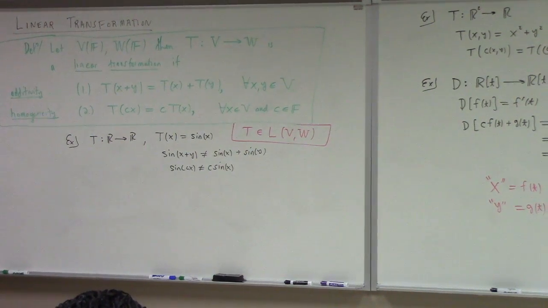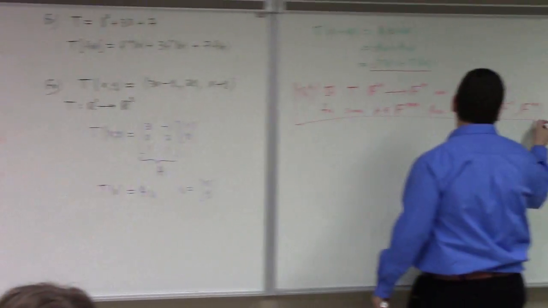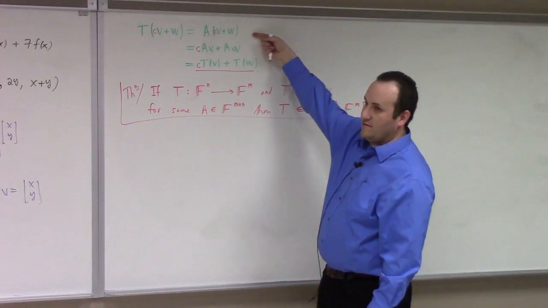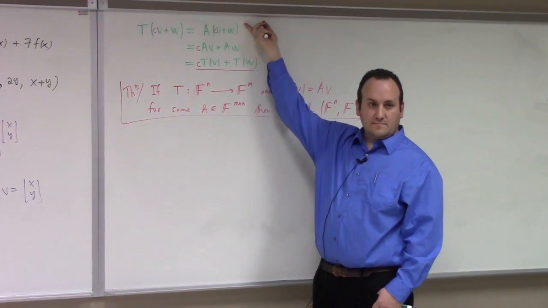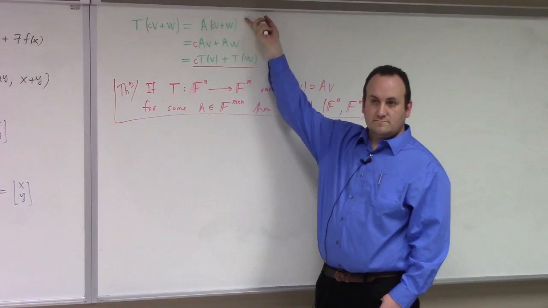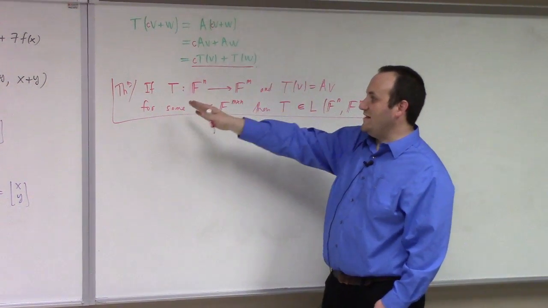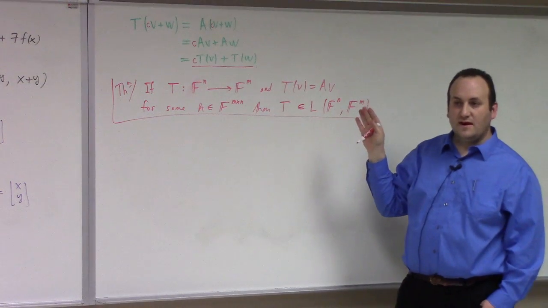So what's the proof of this theorem? It's kind of like this calculation right here, right? What's interesting is, while I've stated this as an if-then, the converse is also true.